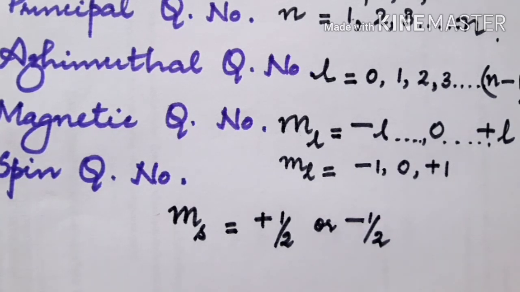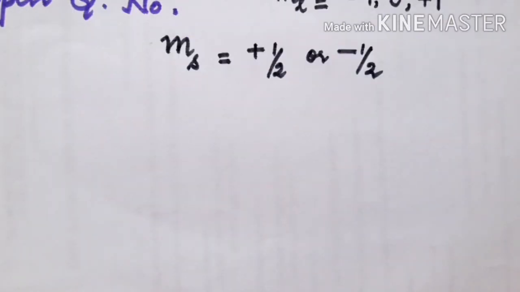With the help of these 4 quantum numbers, one is able to find out exactly where the electron is placed in the different orbitals.